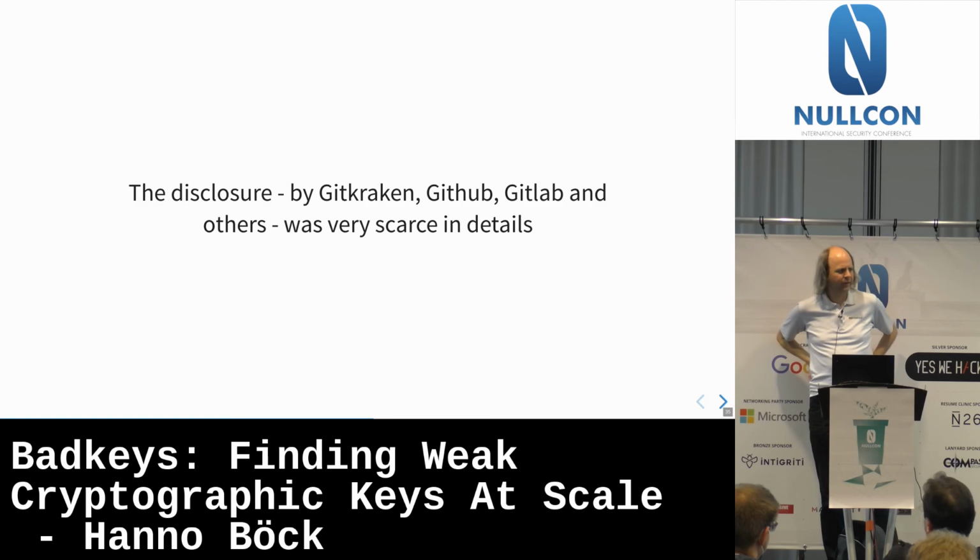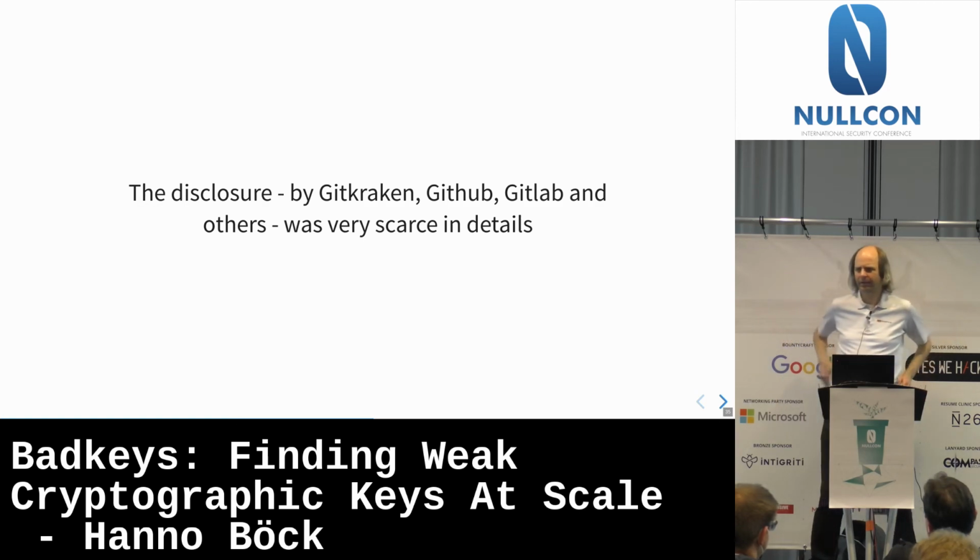Unfortunately, the disclosure was very scarce in details. They mentioned a bit how the vulnerability worked, but they said, we have informed our users who had such keys, but they didn't say anything about how they identified these keys. They didn't share anything which you could use yourself to identify such keys.